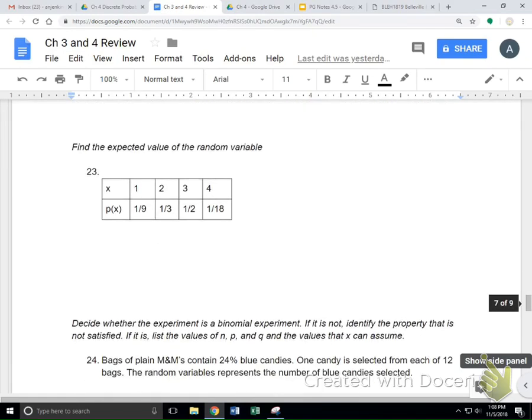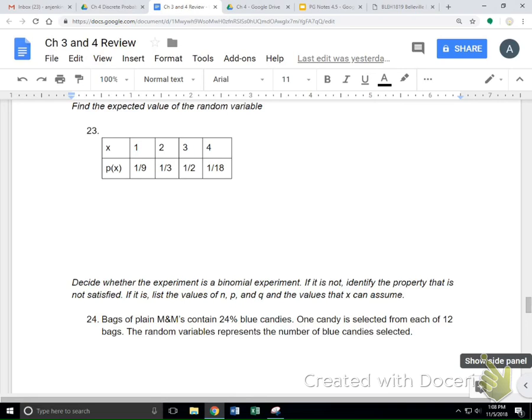So if we go to 23, we want to find that expected value. So E(x) equals mu, which we know is going to be the sum of x times p of x. And so then what I did was I multiplied x times p of x, and I created another column. I'm going to write it above, x p of x.